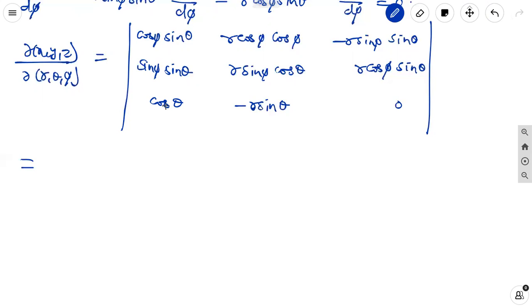Here, I am taking the last row. Why? Because it has a 0. So the signs are plus, minus, plus, minus, plus.